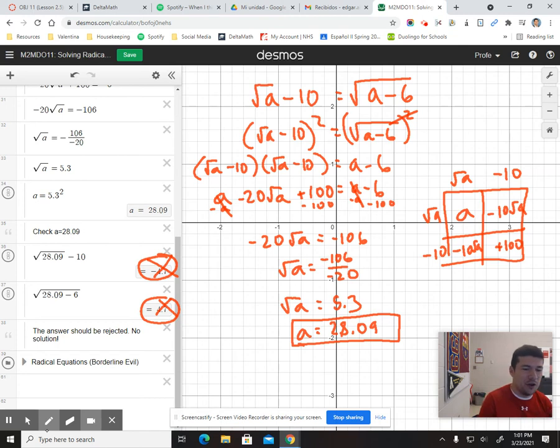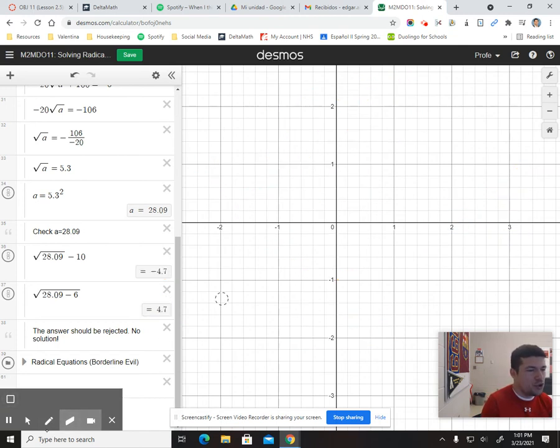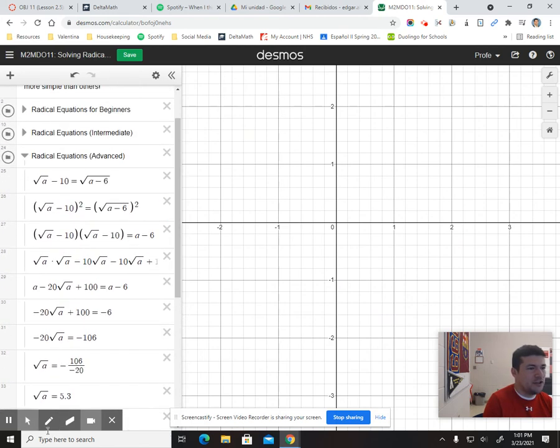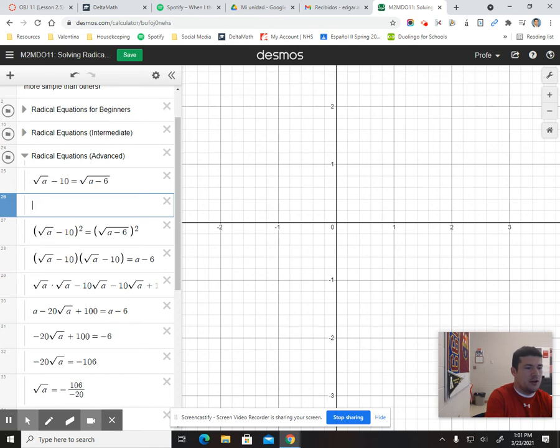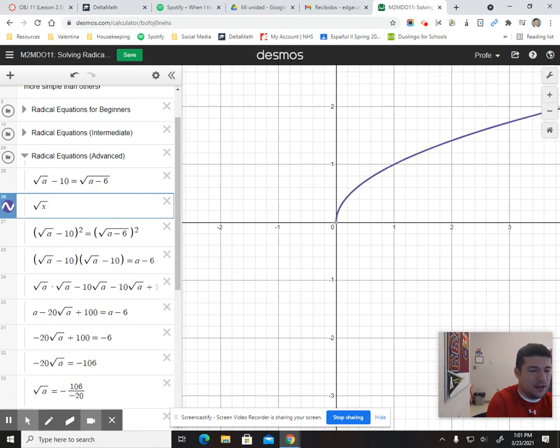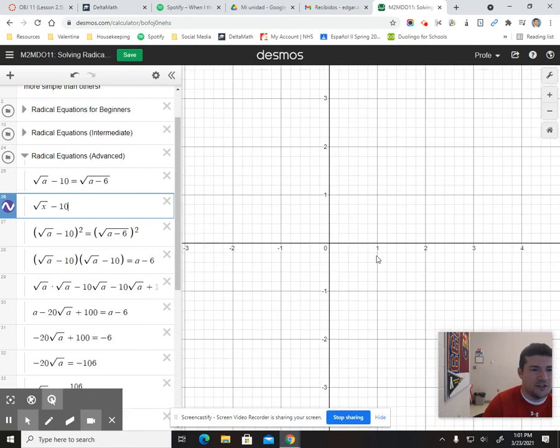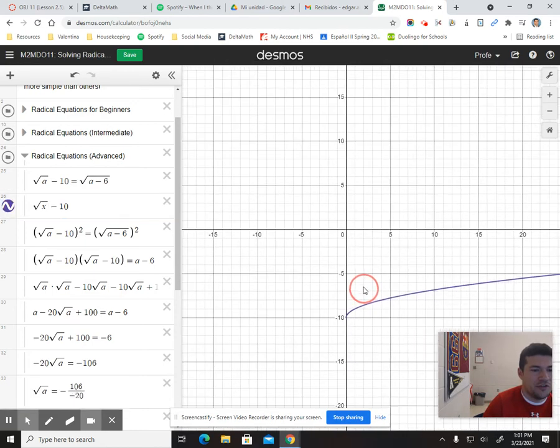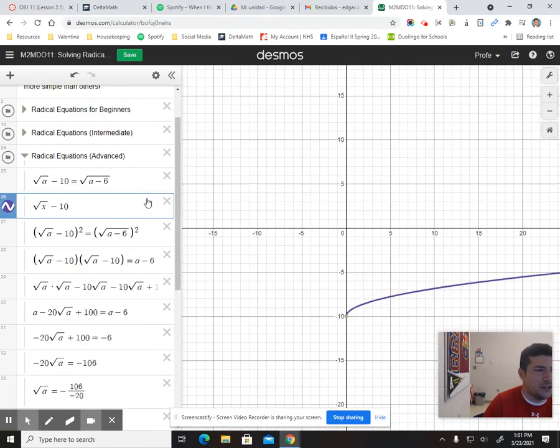And if I could explain a little farther, you should have expected no solution. Why? Because if you think of your transformations, think of the square root of x and shifting it down 10 units. Well, you get this function, the square root function shifted down 10 units.